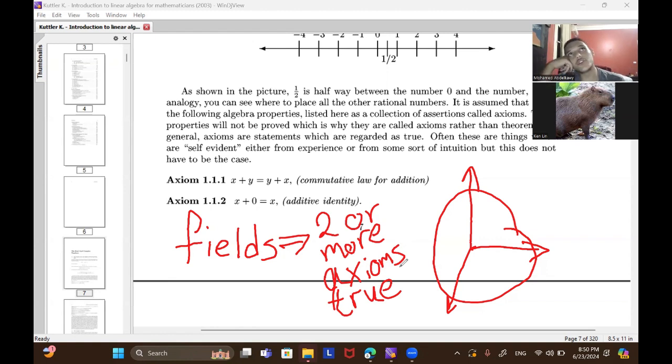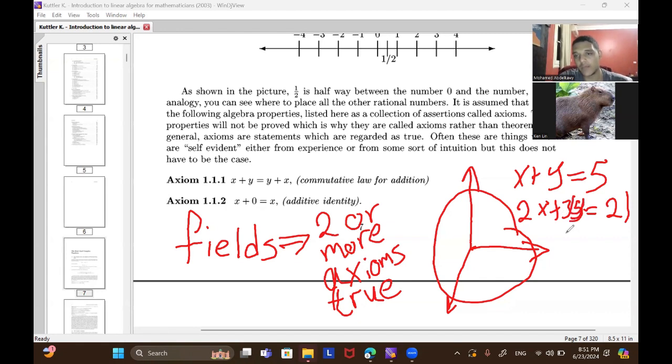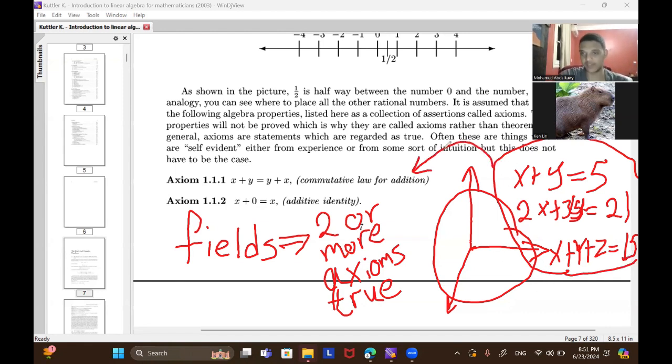When we were doing, for example, a system of equations, if we say x plus y is equal to 5, 2x plus 3y is 21, and x plus y plus z is, let's say, 15, we would solve the system of equations with our axioms and get a value for x, y, and z.